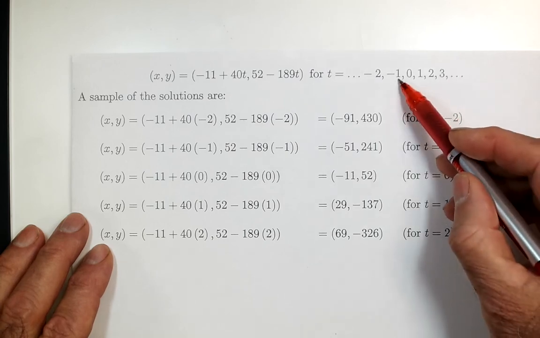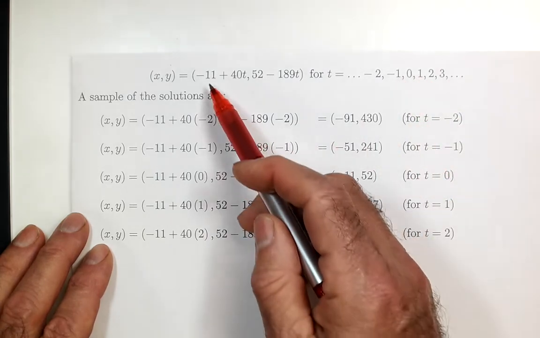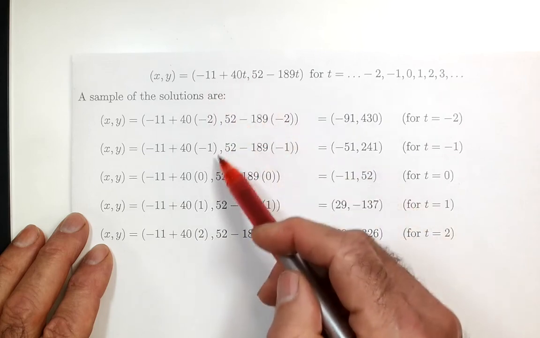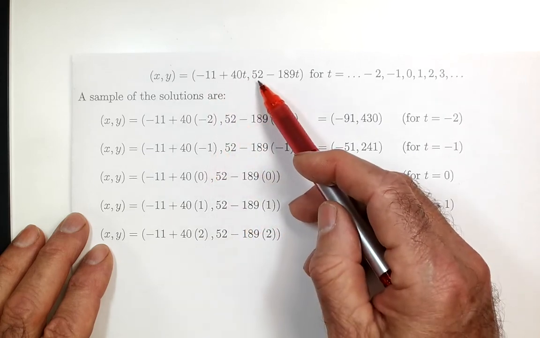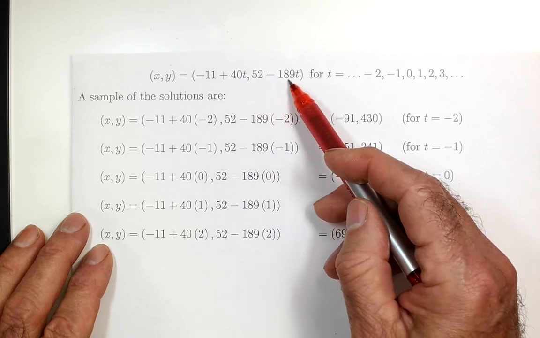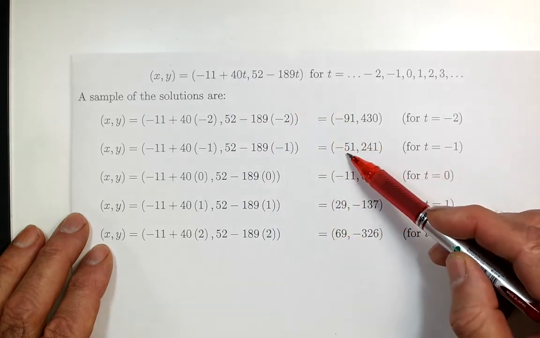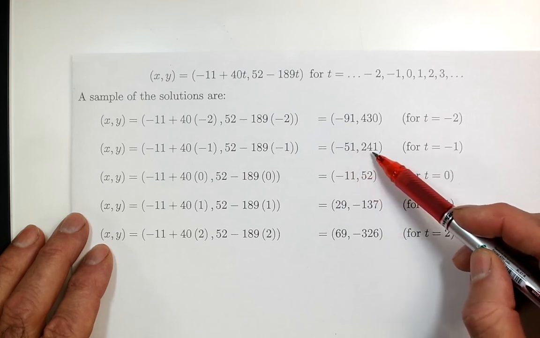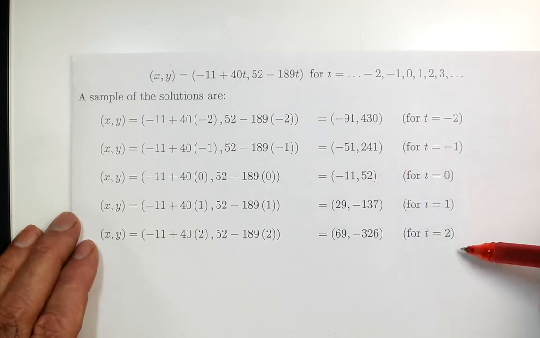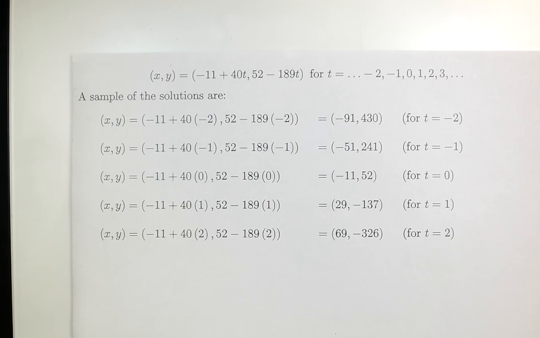If we take negative 1 and plug it in for t, we get x equals negative 11 plus 40 times negative 1, and y equals 52 minus 189 times negative 1. That gives us x equals negative 51 and y equals 241, and so forth. I'd encourage you to check some of these with a calculator just to convince yourselves that they really do work out this way.